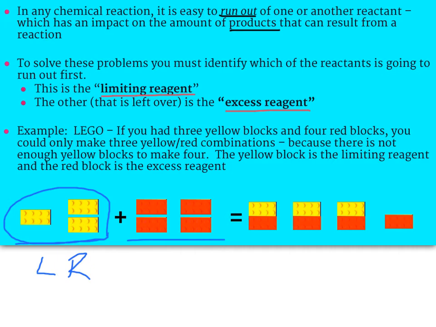We also have something in excess: one red left over. That is our excess reactant or reagent. We would be able to make 3 sets of pairs, and again, we have 1 red left over.